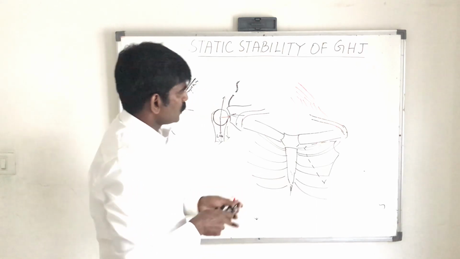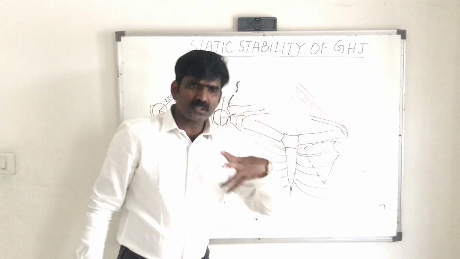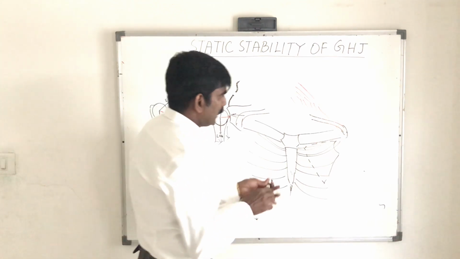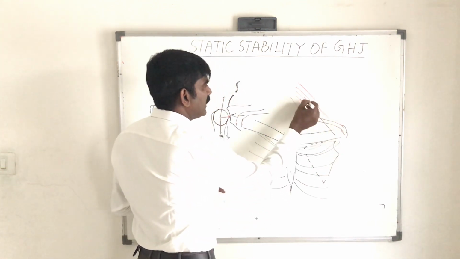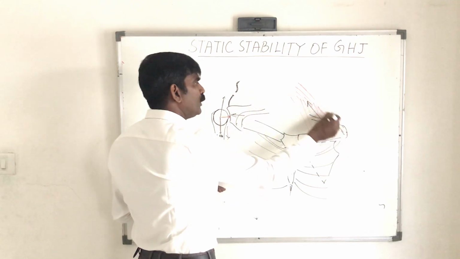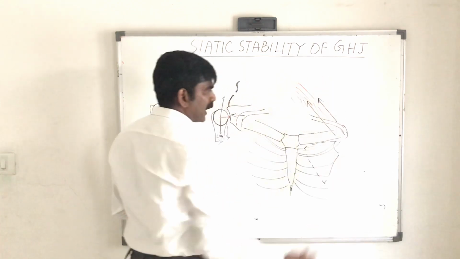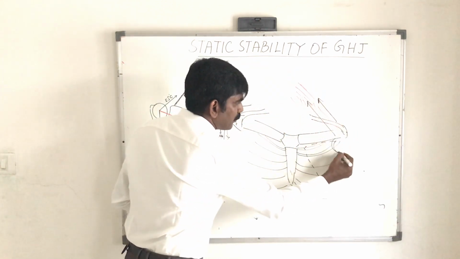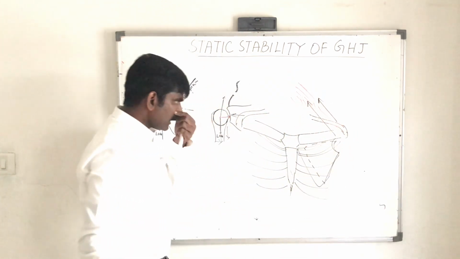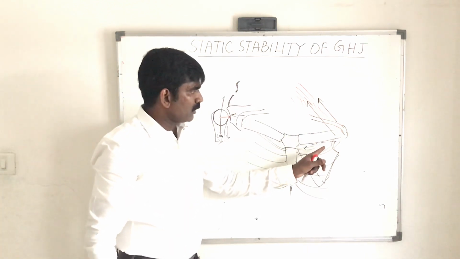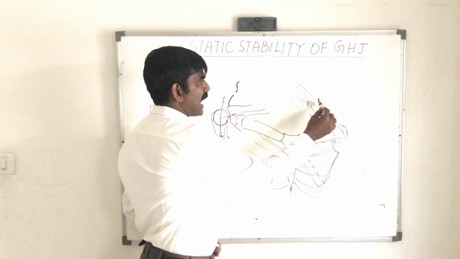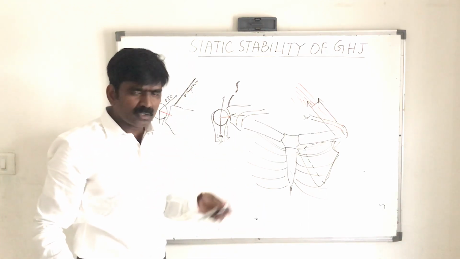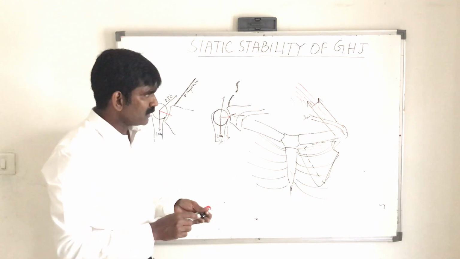Clear? What happens when the tension in the trapezius is normal? It will elevate the clavicle and the acromion process to maintain the ideal posture of the scapula. This we already discussed. If the trapezius or stabilizer muscles are paralyzed, then what will happen?